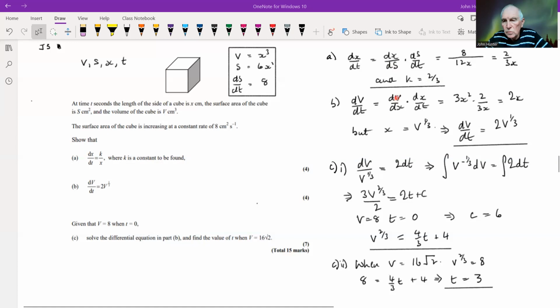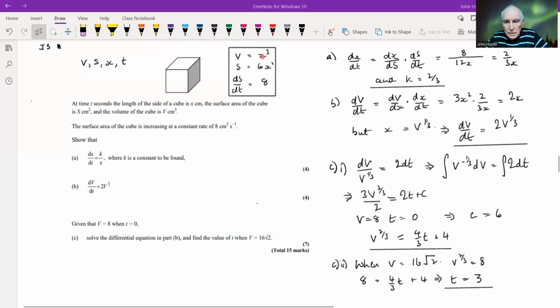So if we do the expansion using the chain rule in reverse, we can say dv/dx times dx/dt is equal to dv/dt. Now dv/dx, again, we know what this is. We can just form the derivative from this. So that's 3x squared. So we've got 3x squared times dx/dt, which we know to be 2 over 3x, and that simplifies to 2x.